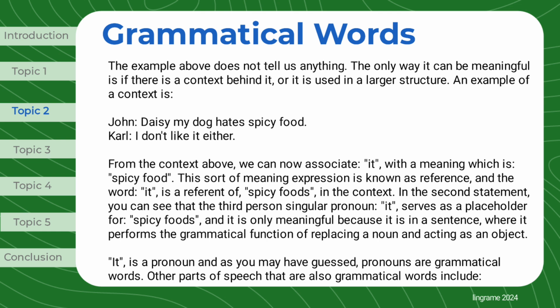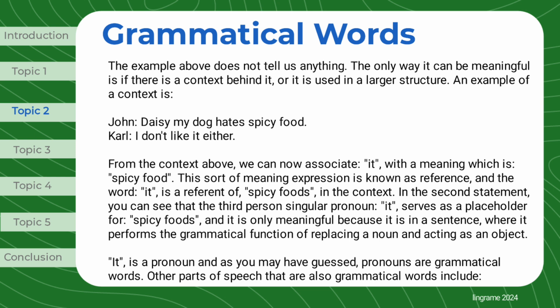In the second statement, you can see that the third person singular pronoun it serves as a placeholder for spicy foods, and it is only meaningful because it is in a sentence where it performs the grammatical function of replacing a noun and acting as an object. It is a pronoun and as you may have guessed, pronouns are grammatical words.